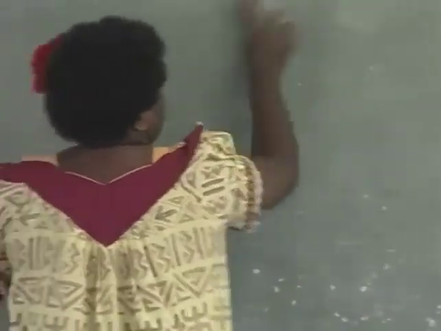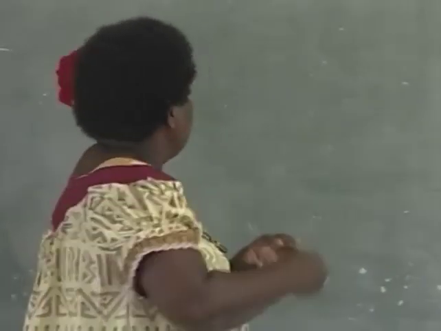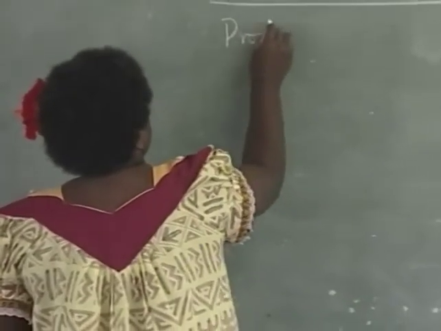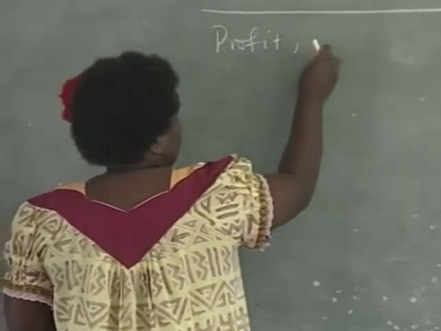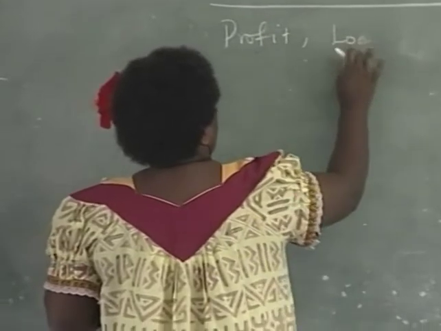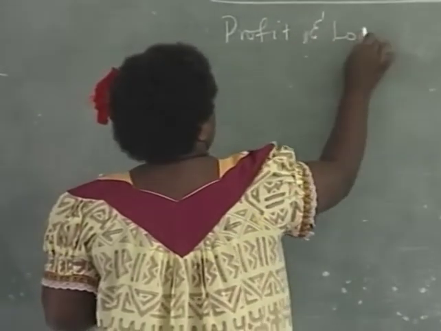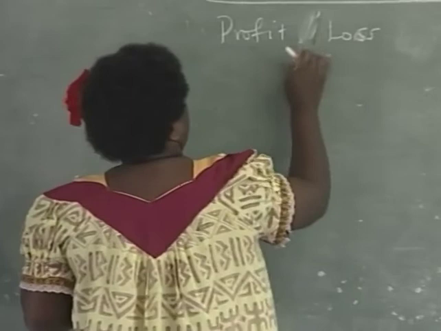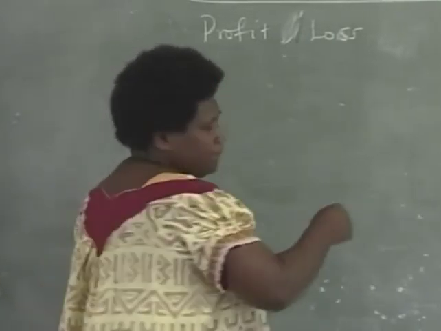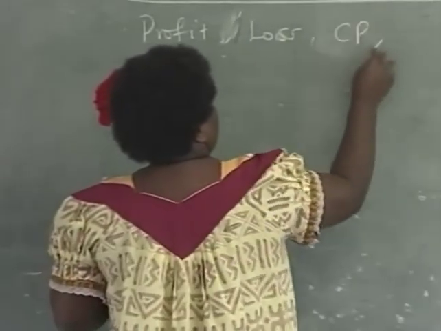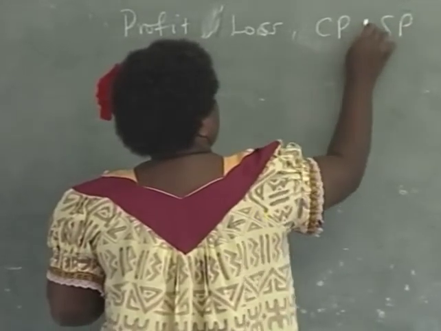Okay, so that you have something to do for homework, I'll just explain what you have to do next on profit, loss, cost price and selling price.